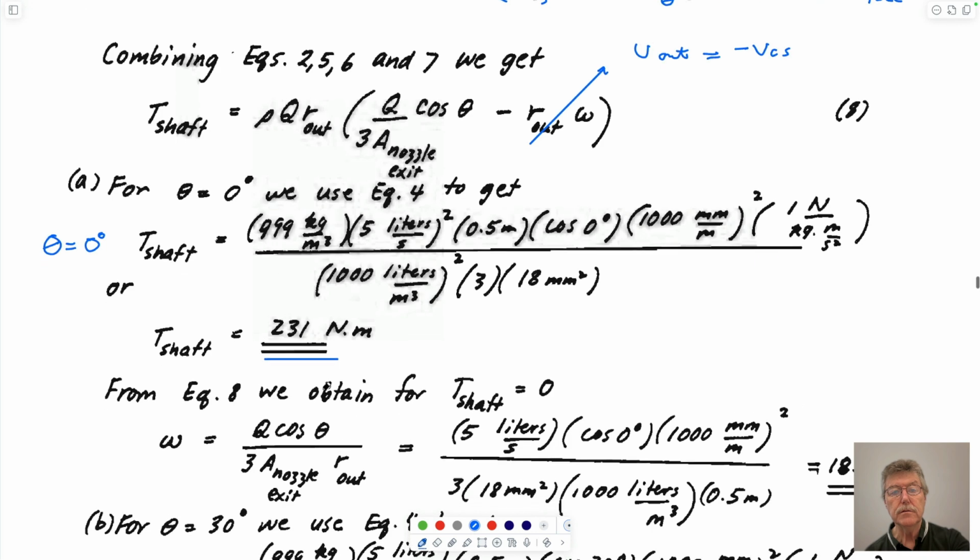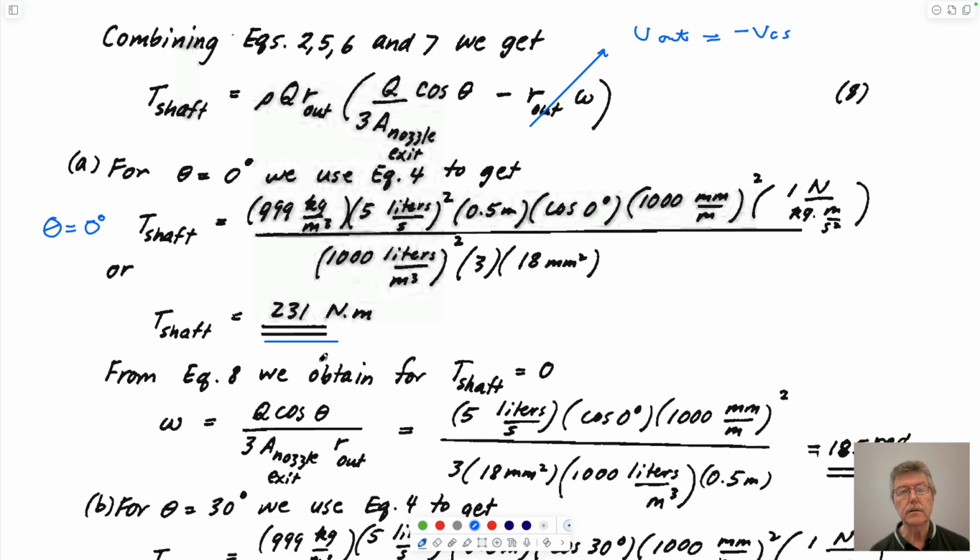If you want to know what happens if it's 0, then this can only be 0 if these two terms are equal to each other. This term is equal to this term.